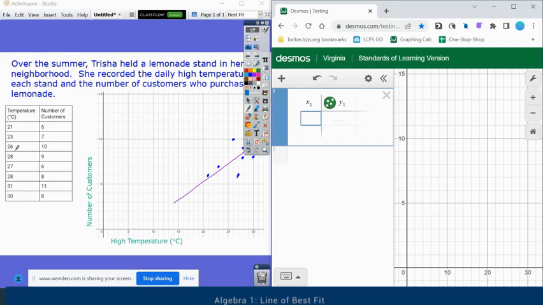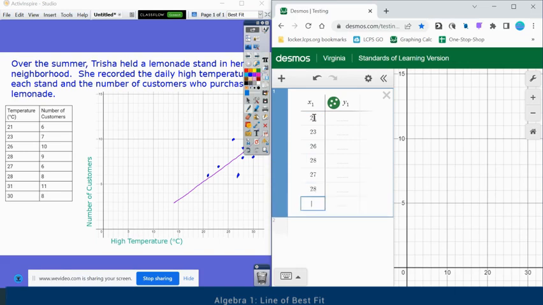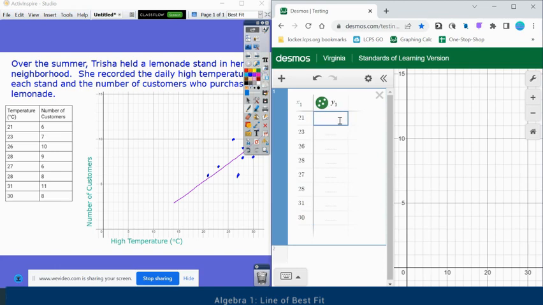So the temperatures that I used as my independent variable are all going to go in for X: 21, 23, 26, 28, 27, 28, 31, and 30. And then all of my number of customer values that were the dependent variable go in for my Y: 6, 7, 10, 9, 6, 8, 11, and 8.